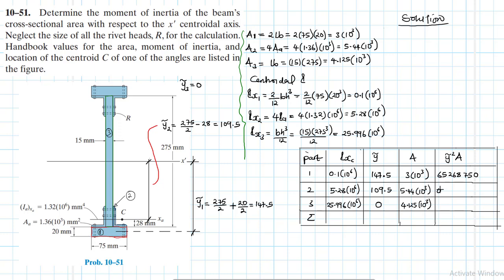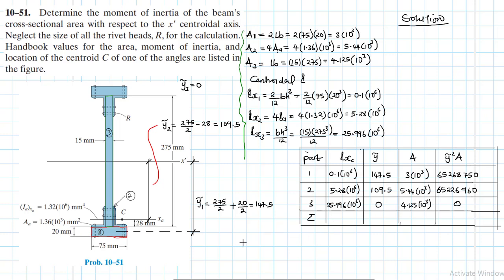This is 65,226,960. Third one is 0, of course, so let's sum up.